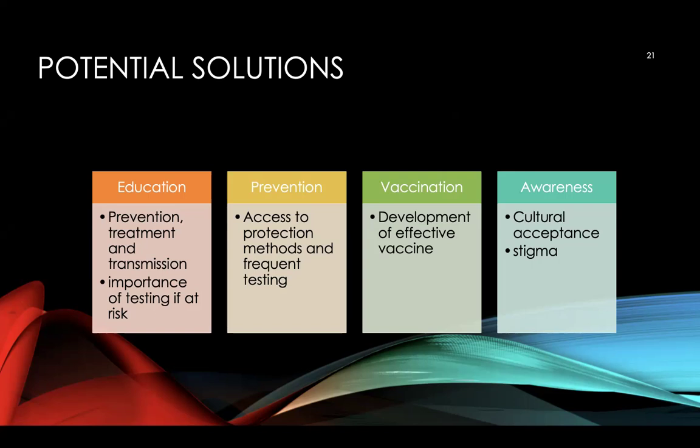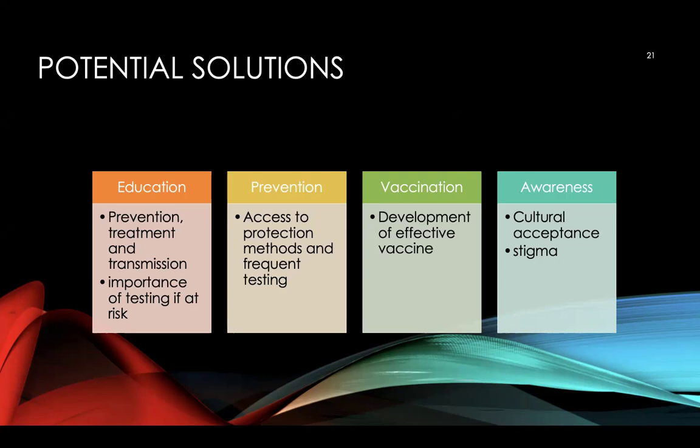Vaccination, so a development of an effective vaccine would be a very big potential solution in stopping the spread of these bacteria and hopefully preventing some of those additional health concerns that come with these bacteria being untreated. And then also awareness.